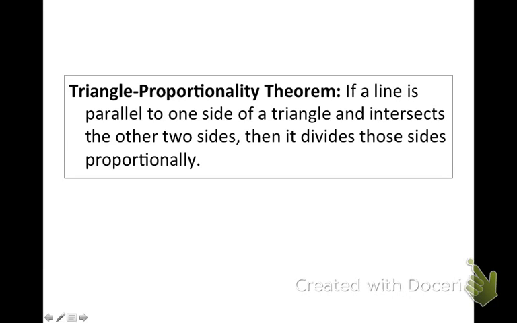So our first theorem is the triangle proportionality theorem.